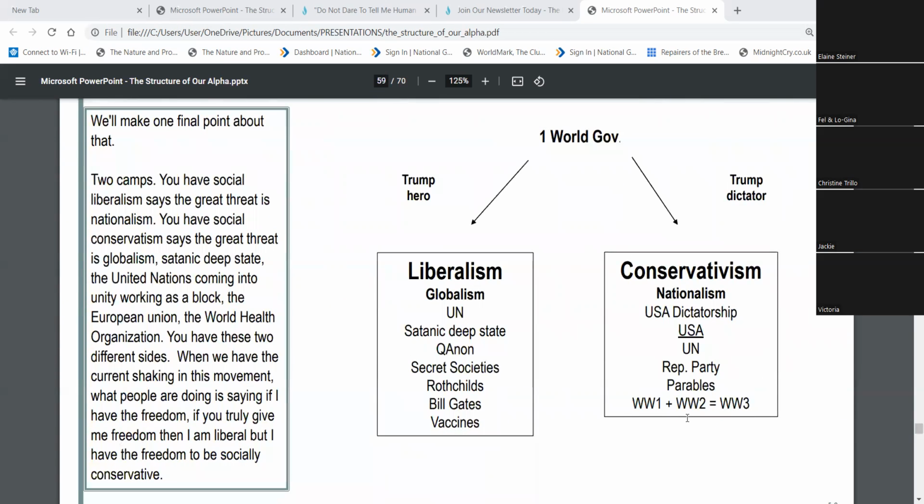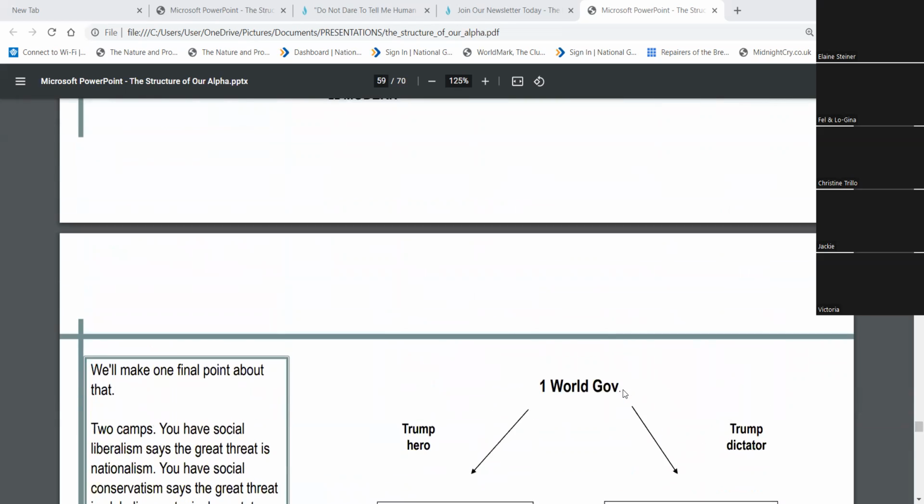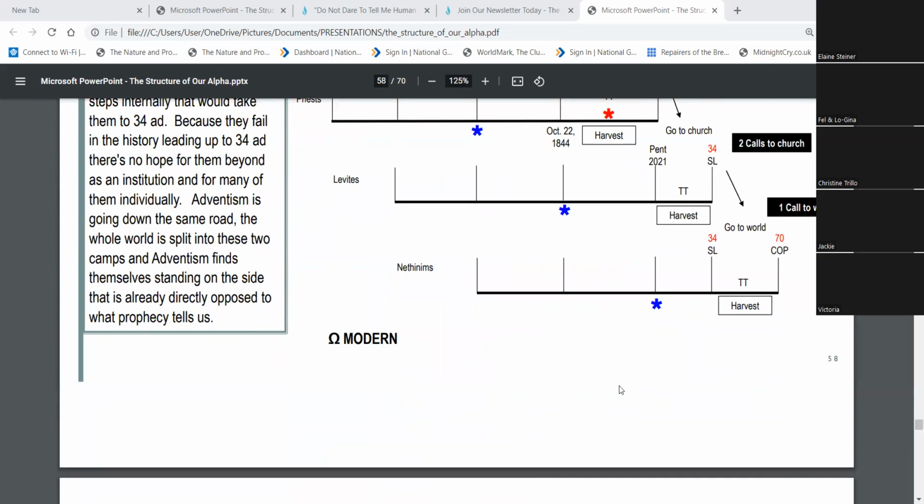Can I ask a question real quick? Are those two, what did you just say? Two sides. So camps, that is the culture war, right? The culture war.